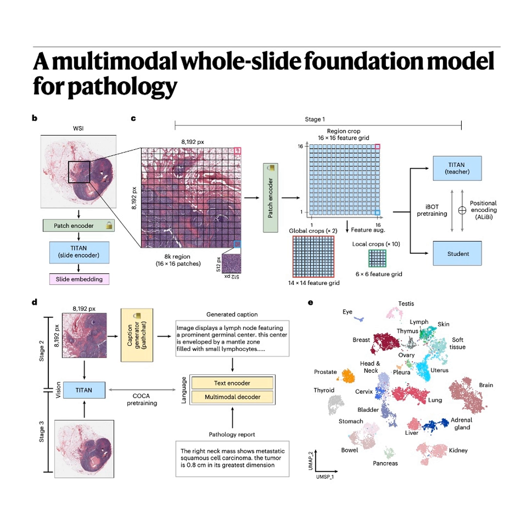They teach the low-level visual concepts needed to get to that answer. Exactly. Stage 2 is all about fine-grained alignment. It aligns those 8K by 8K regions of interest with 423,000 of those really detailed synthetic captions. This phase teaches Titan the specific vocabulary of morphology at a local level. So it learns to recognize those complex cellular patterns that are super important but might not make it into a short report. You've got it.